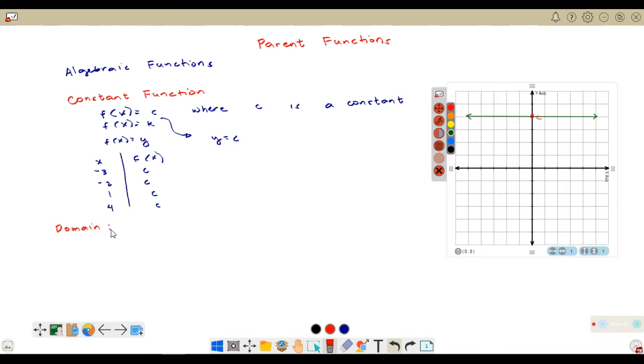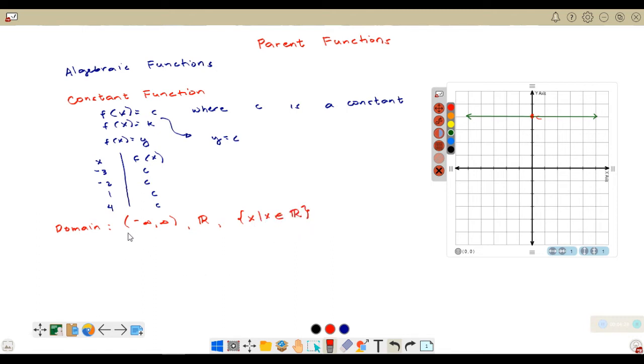What will be the domain of the constant function? So the domain of the constant function will be the set of real numbers. Or, if you prefer to write it in this notation, it is okay. You can also write it in set builder notation, x such that x is an element of the set of real numbers.